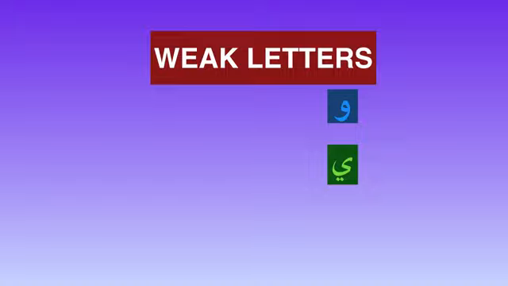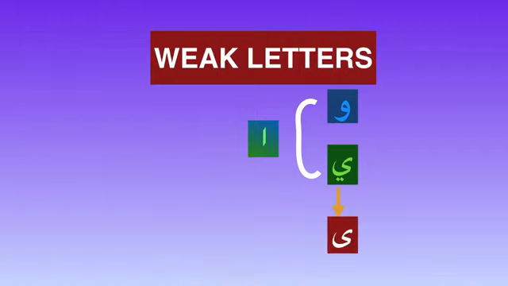What's special about these two letters, waw and ya, is that they hide behind alif. Both of them can hide behind alif, and ya can also hide behind alif maksura.